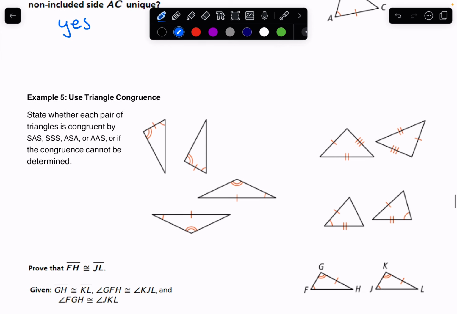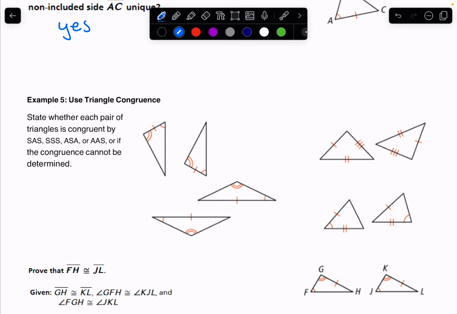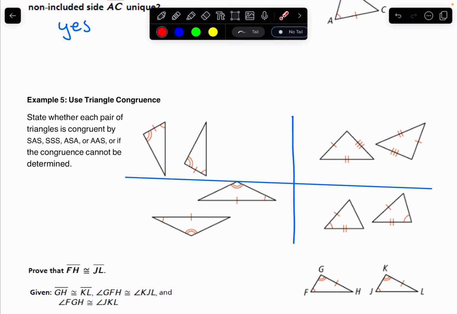Coming down here, we are using triangle congruence criteria to state whether each of these pairs of triangles is congruent. So when I look at this top pair, I look at the arrangement of our pieces here. I have an angle, a side, and an angle. So yes, that is angle, side, angle congruence.